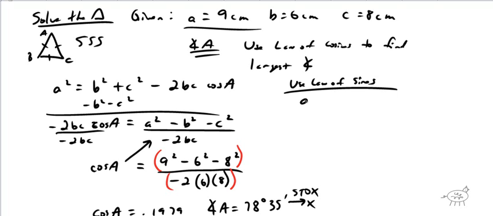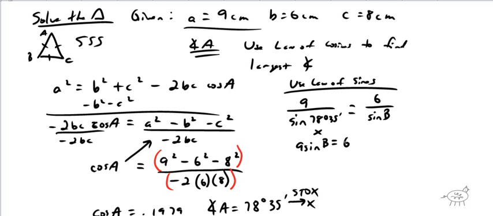So I'm going to get 9, which is, again, we found angle A, so 9 over sine of 78.35, but it's really sine of X is equal to 6 over sine of B. Okay, so just to cross multiply now, I get 9 sine of B is equal to 6 sine of X, because that's kind of good.